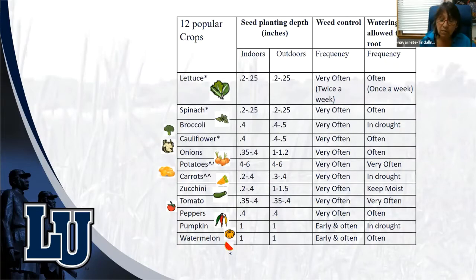You can harvest lettuce while a tomato is growing, for example. And if you see the table, we won't be able to go through everything, but I just want you to look at the information we have here.